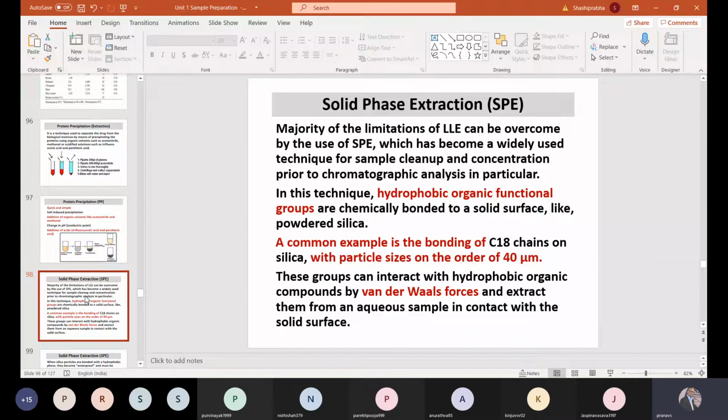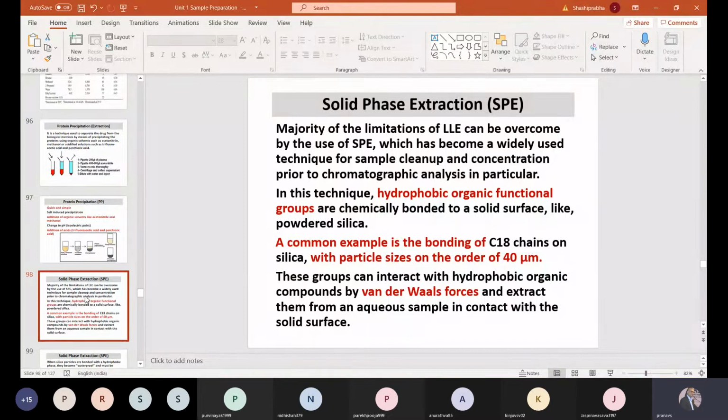Again, it has two phases. One is the liquid phase and the other is the solid phase. And we know that it is not simple to work with solids because of the inherent heterogeneity in these samples.